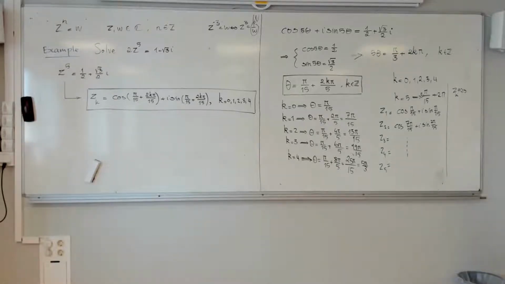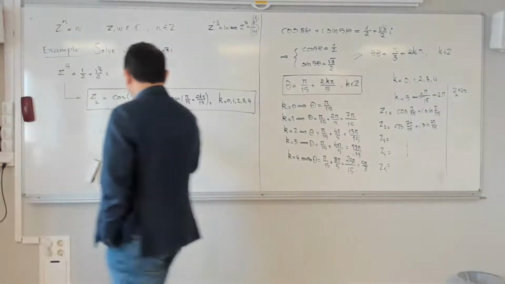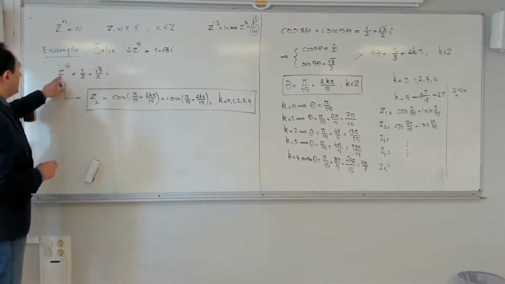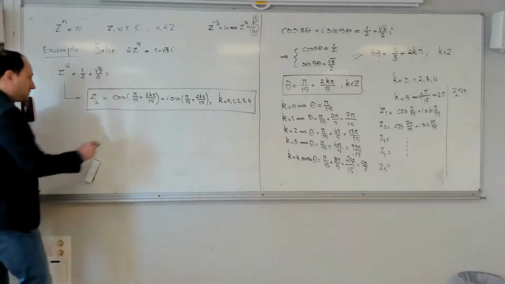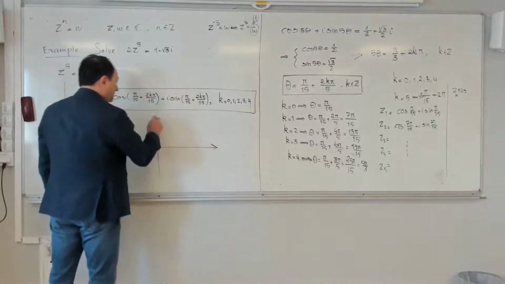Okay, so now, and by the way, this is also good from a geometrical point of view. It's good to understand where the roots lie on the complex plane. It's important, by the way. So can you tell me where these points lie?